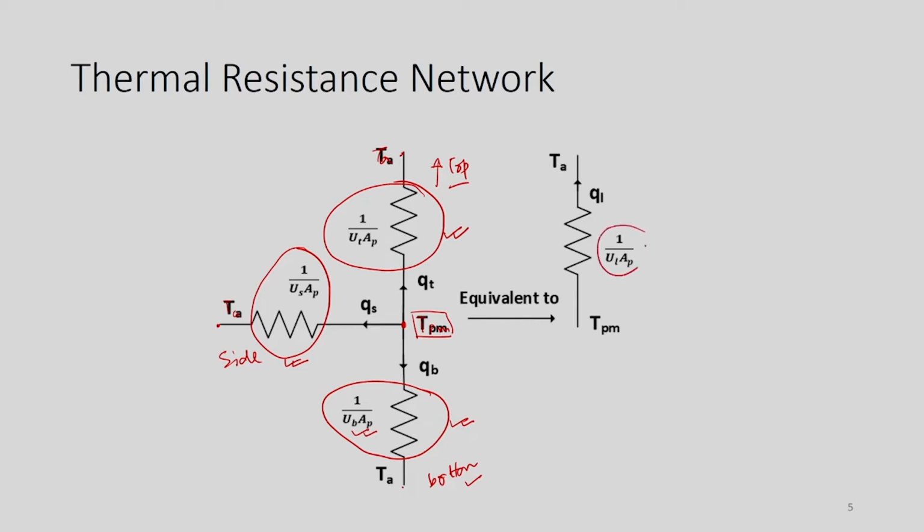Under that condition, if we know UL, then we can calculate QL. So, this is the equivalent thermal resistance network. The components we discussed in the last slides are represented in this thermal resistance network diagram.